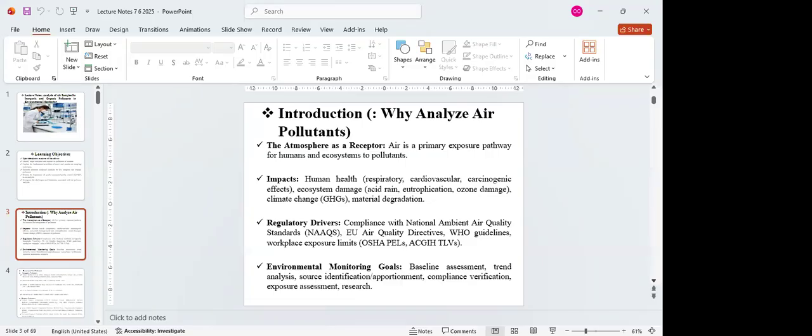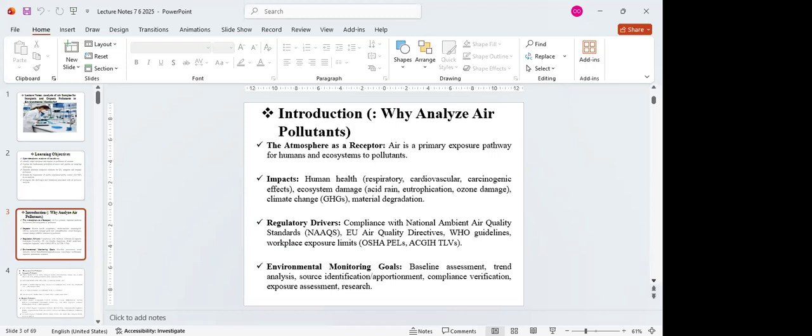And this detection, as per monitoring, helps us to, first of all, state the quality of the air around us, and at the same time, identify the sources of these pollutants, and of course, ensure the regulatory compliance or standard methods that are involved.